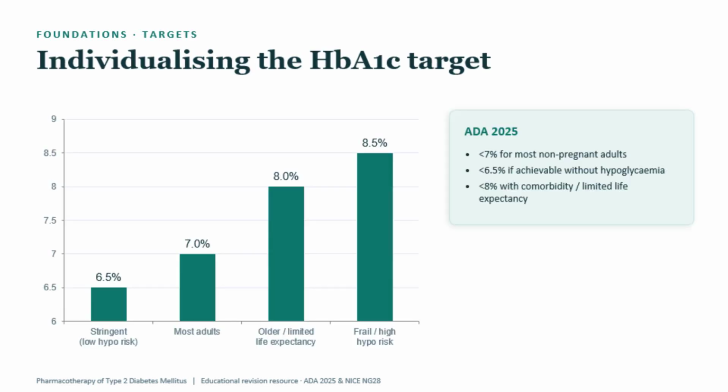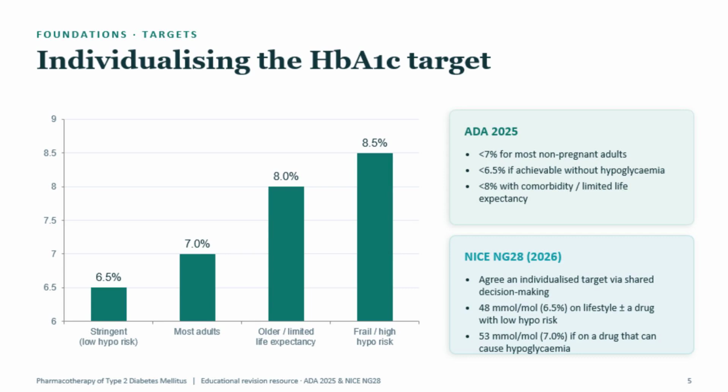Now, what number are we actually aiming for? And the honest answer is, it depends on the person. For most adults, under 7%, push towards 6.5 if you can get there safely without hypos.